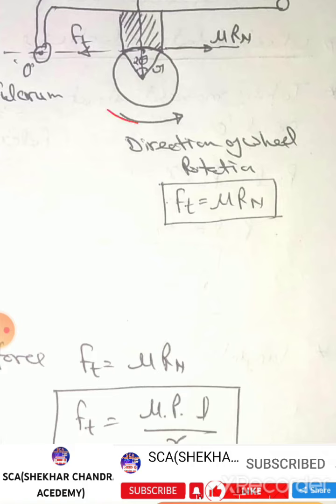Wheel rotates in anti-clockwise direction. Here is P, the applied force. Here is fulcrum point O, and the line of action of tangential force passes through the fulcrum point O, this one.